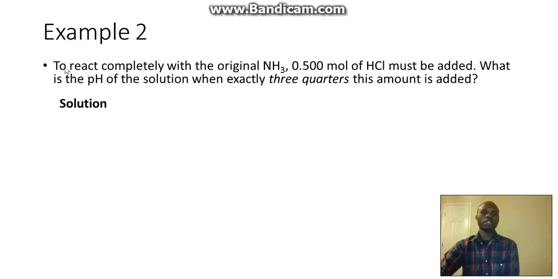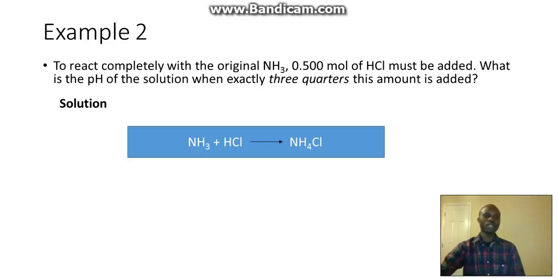So I've just written the example again here just to show that that's what we are going to solve. To react completely with original NH3, which is 0.5 molar NH3, you need 0.5 mole of HCl. What is the pH of the solution when exactly 3/4 of this amount is added? So what we're gonna have is the base, which is NH3, will react with the acid.